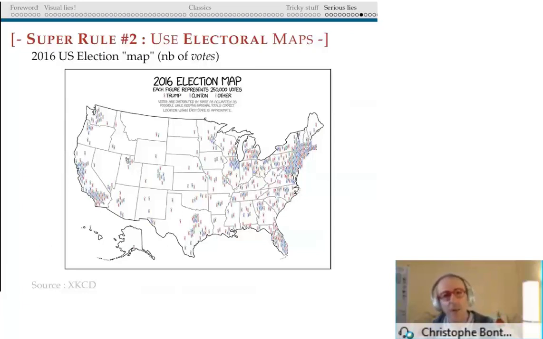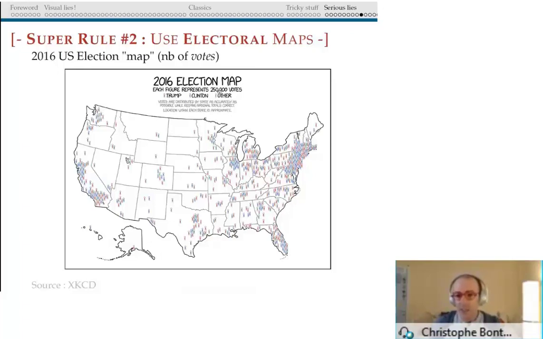We didn't notice that there was another candidate here. It was other, neither Republican nor Democrat. And here, first of all, you see where the people live, and the density of people is represented because each figure represents 250,000 votes.